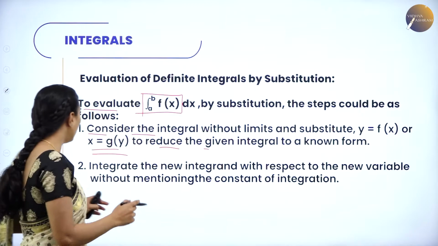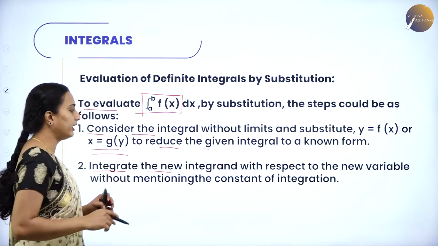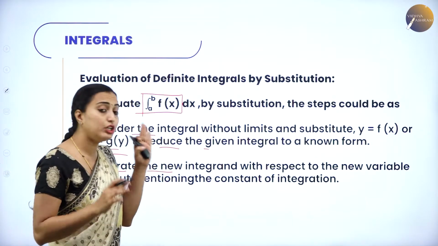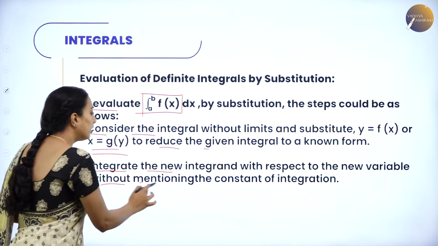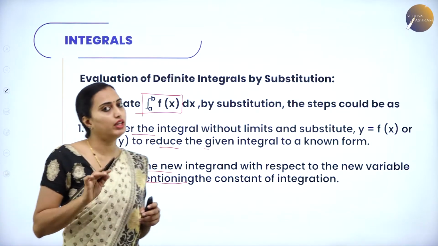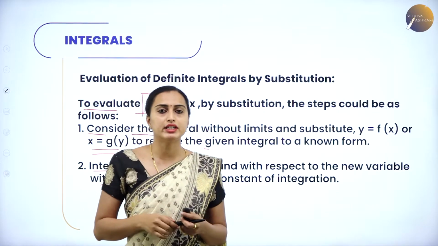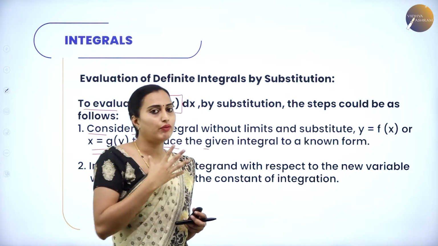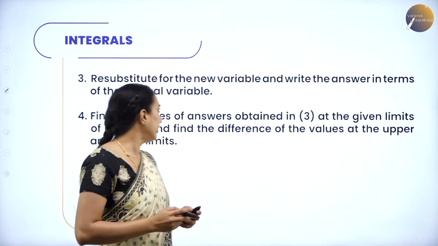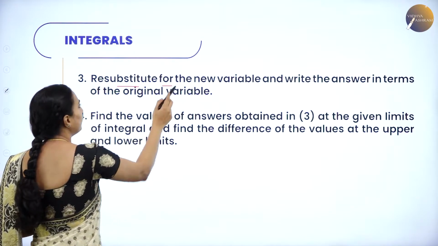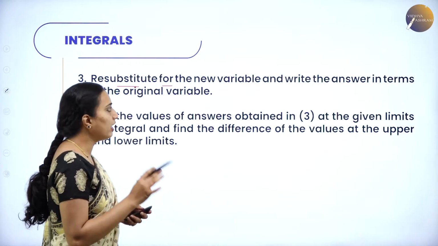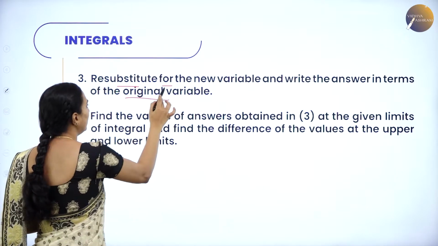Then integrate the new integrand with respect to the new variable without mentioning the constant of integration. Then resubstitute for the new variable and write the answer in terms of the original variable.